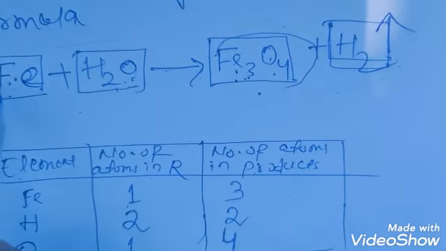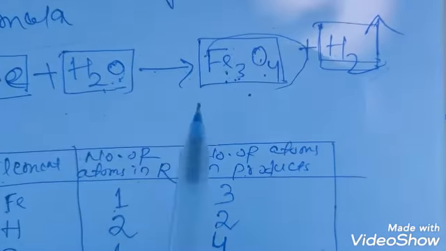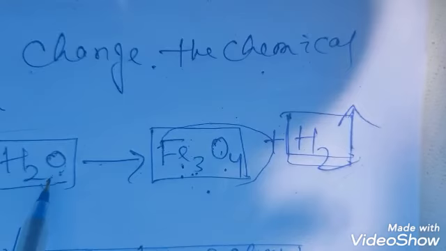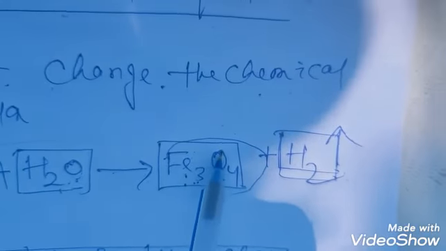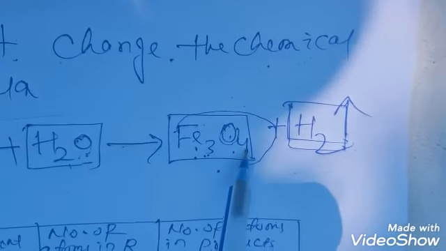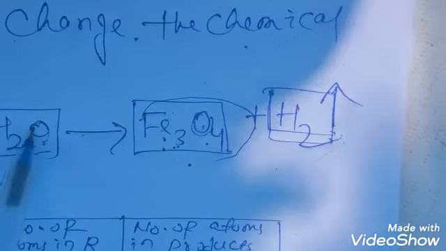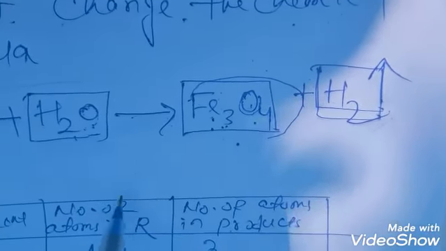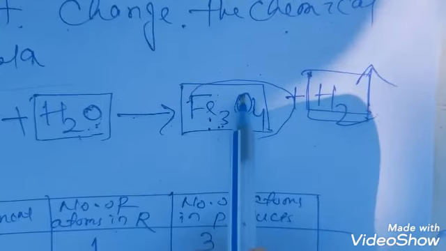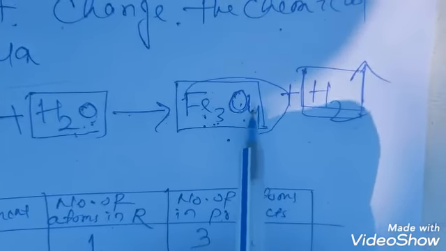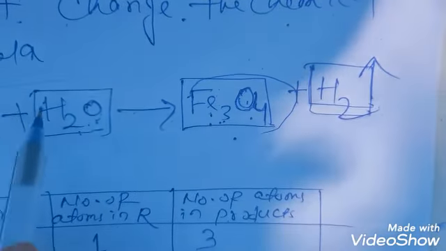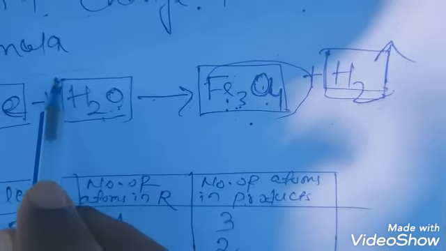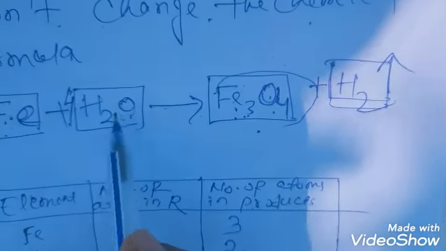So first we have to balance ferrum, but we have to start from oxygen, because there are 4 oxygen atoms on the product side and only 1 oxygen atom on the reactant side. So we first balance the oxygens. As there are 4 atoms on the product side, we multiply by 4 before H2O. So there are 4 H2O.